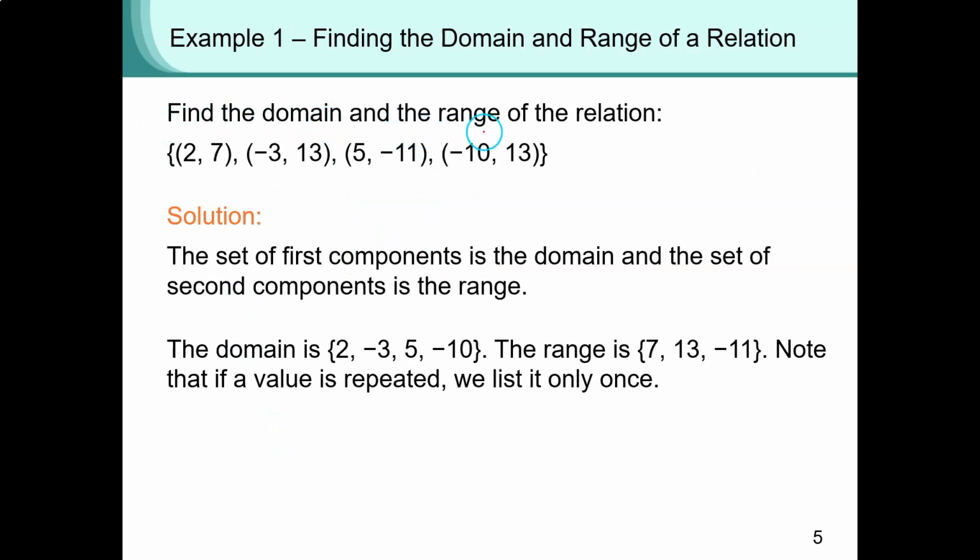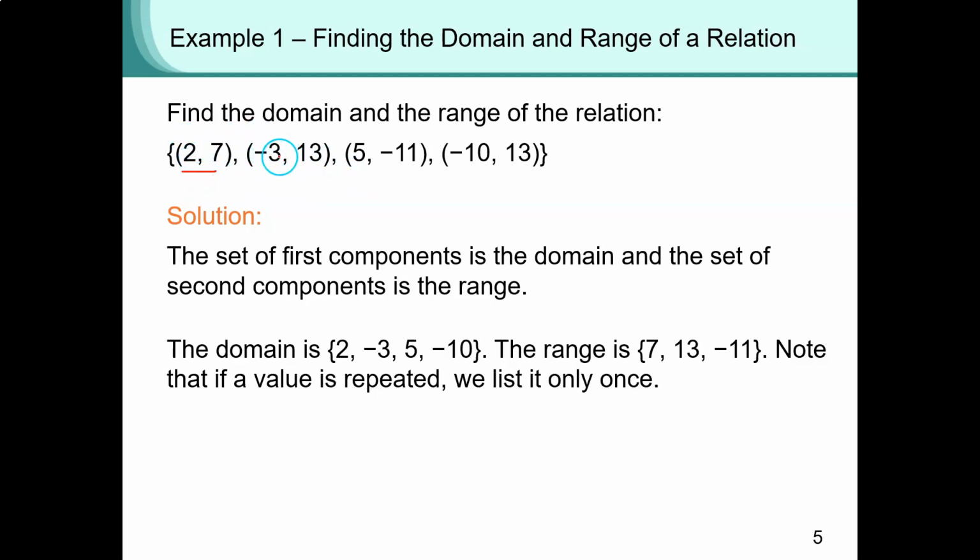Find the domain and the range of the relation. Each ordered pair here represents a relation. So the whole set of the ordered pairs here, all the first components represent the domain.